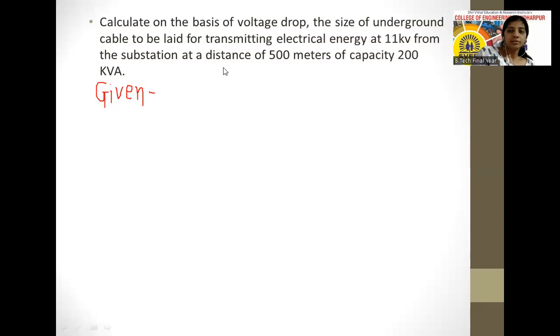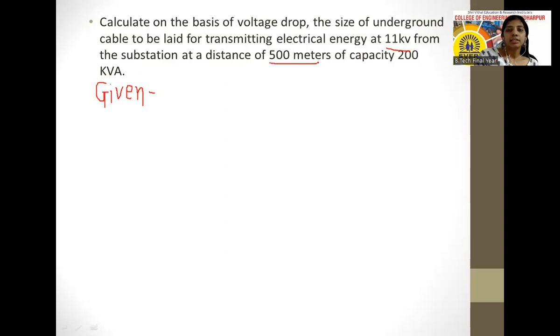Shraddha, Vaishnavi. Don't tell me answer. Just tell me the same procedure as like last question. What are the given quantities here? Voltage is given.